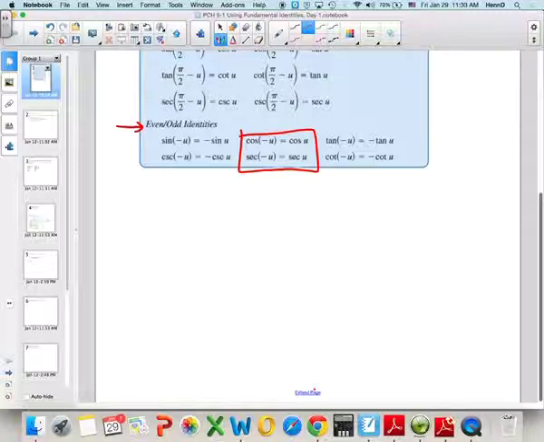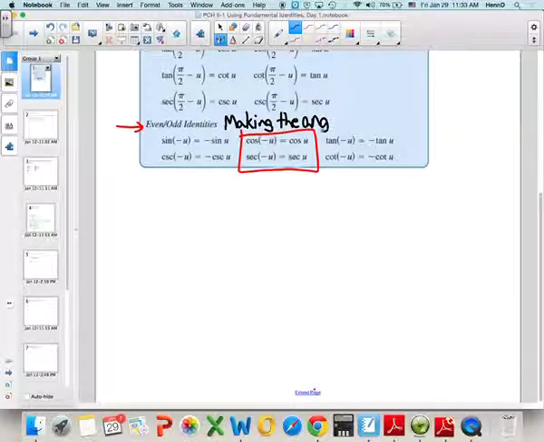Tangent and cotangent do the same things as well. And the key here with even and odd identities is we're looking at cases where we make the angle negative, okay? Or what effect does making the angle negative have on the value of our function?